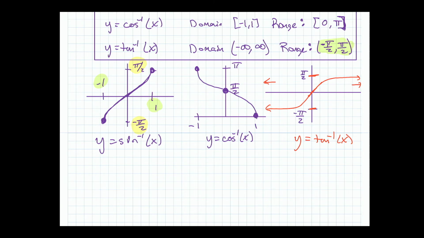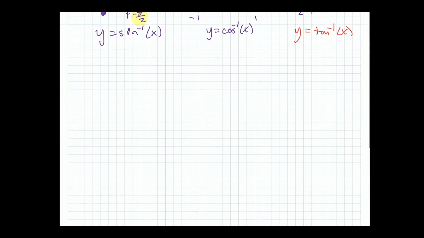Okay, now that's great. What you're going to be doing on probably 80% of the homework questions is simply calculating an inverse. So here's how you calculate them. How to compute inverse trig values.